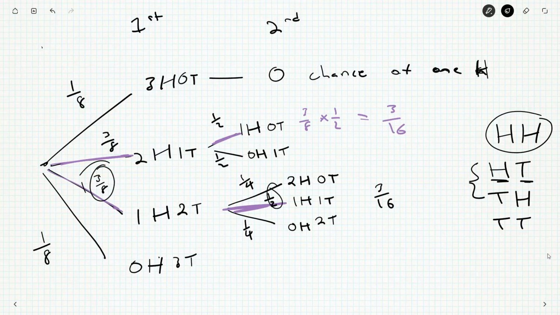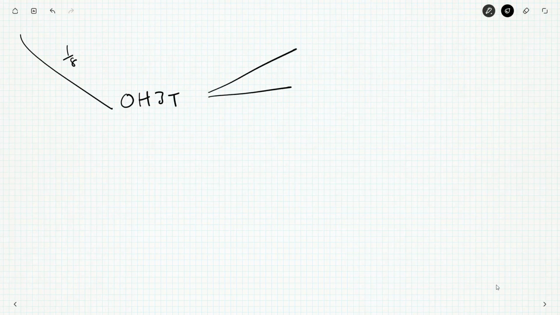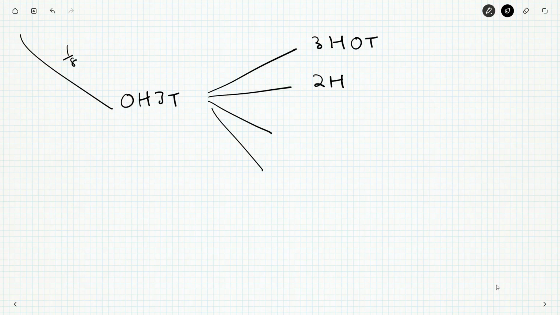So in our final case, which I'm going to write onto the next page, you would include in the big probability tree. So we'll just pretend we were coming from there. So we had 0 heads and 3 tails, so all 3 coins were left to George. So we once again have 3 outcomes, 3 heads, 0 tails, 2 heads, 1 tail.